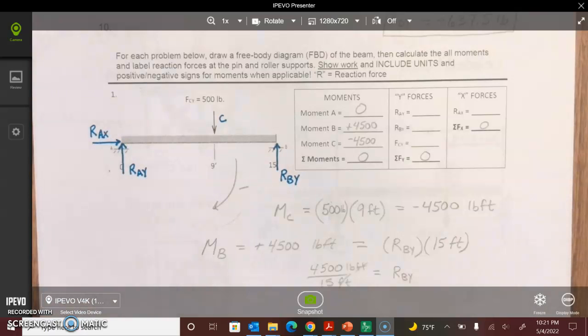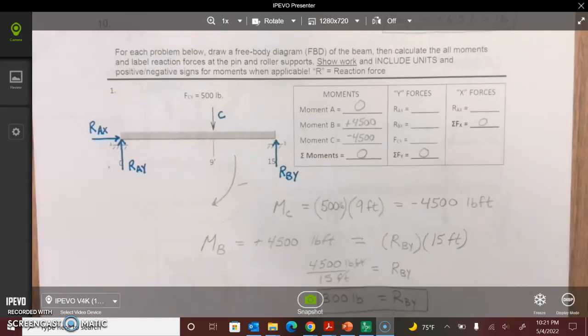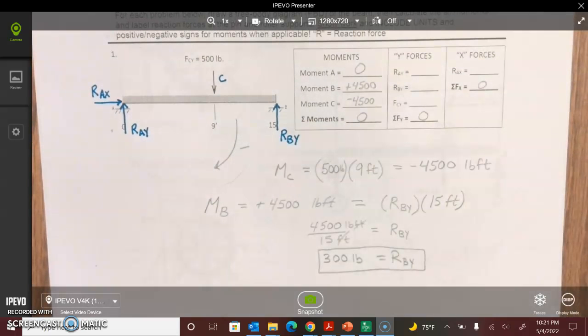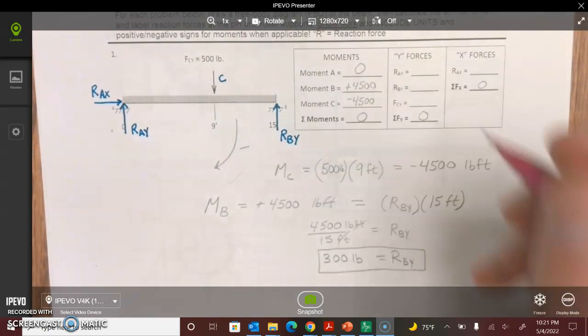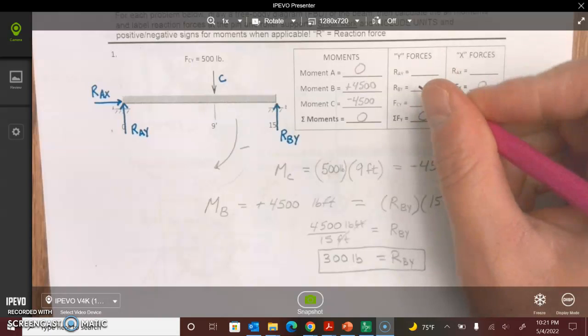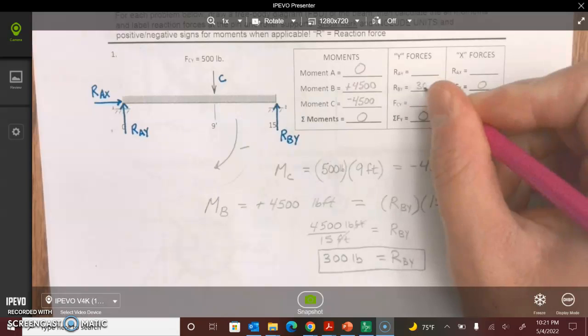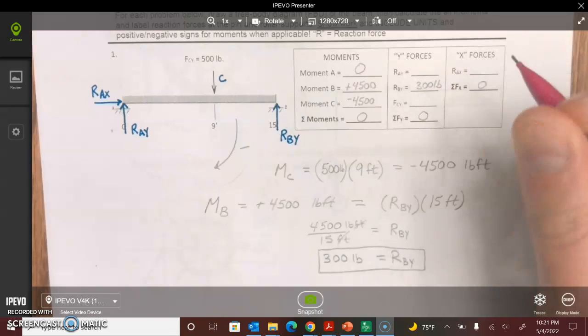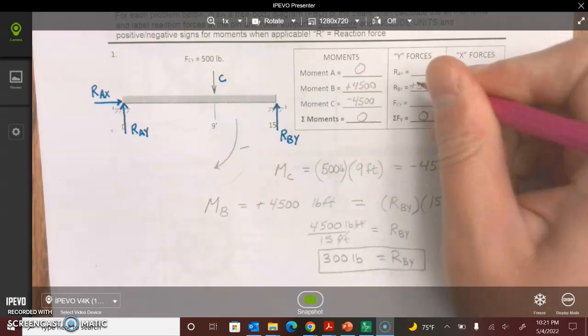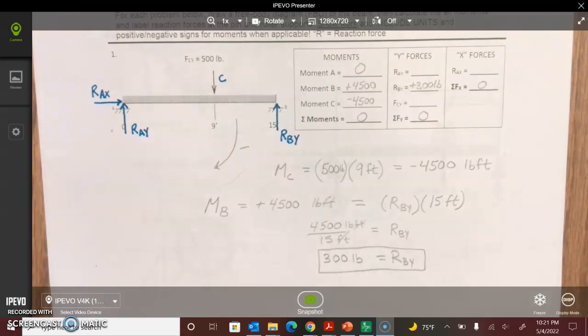So 4,500 divided by 15 gives me 300 pounds. So that means that RBY is 300 pounds. It's going to be a positive 300 because it's pointed upwards.